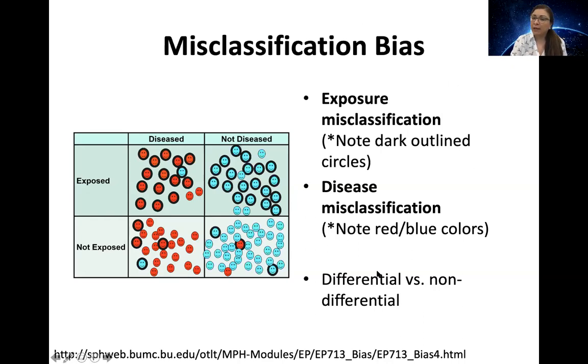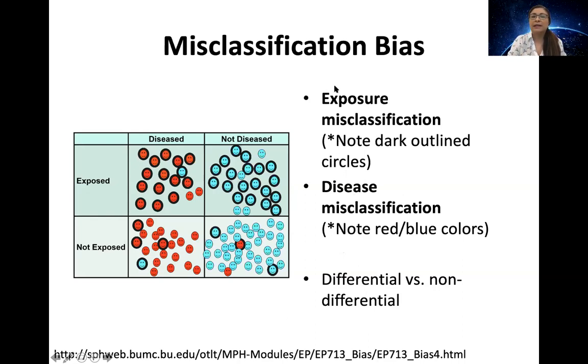Now you're probably wondering, okay, great, I get it. We don't want to misclassify people. So what's the difference between differential and non-differential? Differential misclassification bias basically means that there's a big difference between those who were misclassified by exposure versus those who were misclassified by disease.